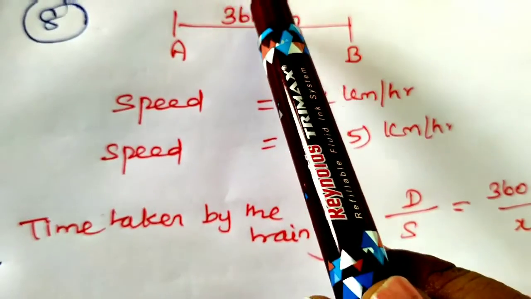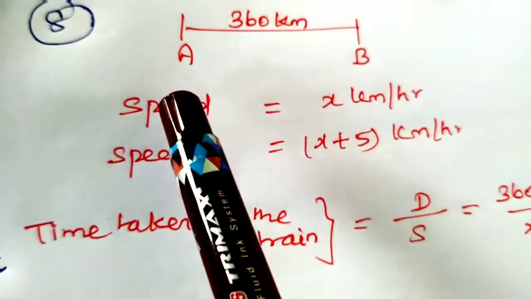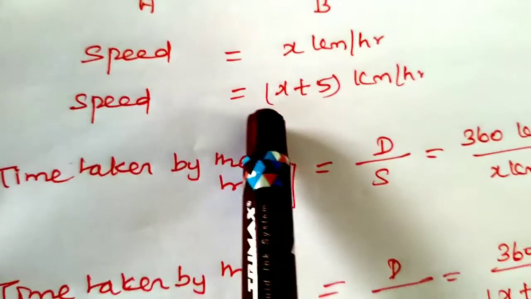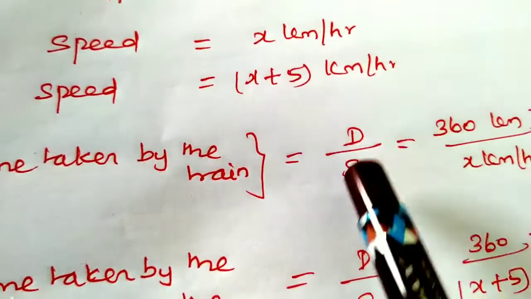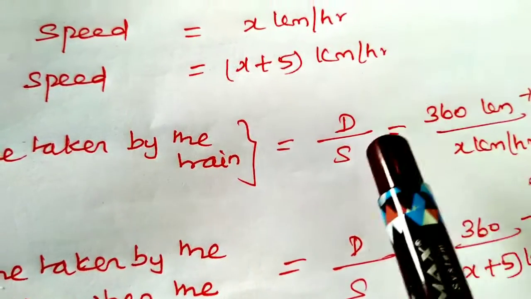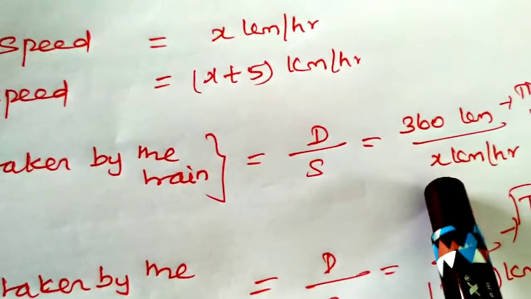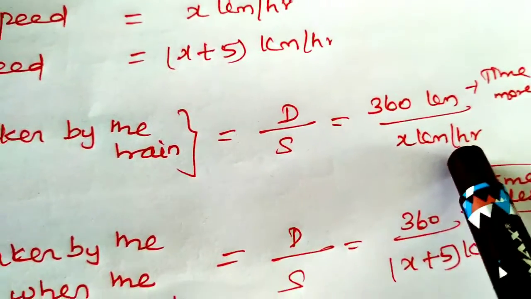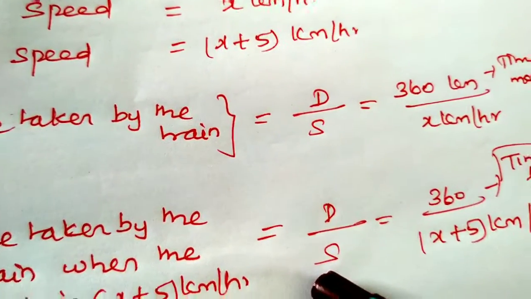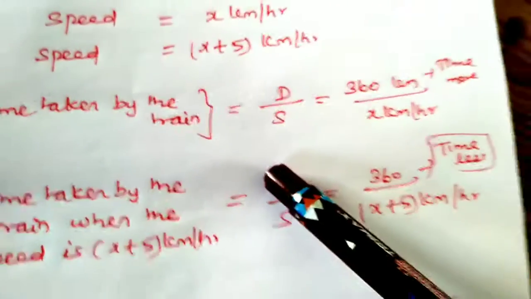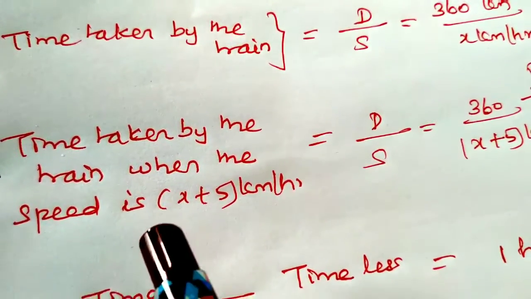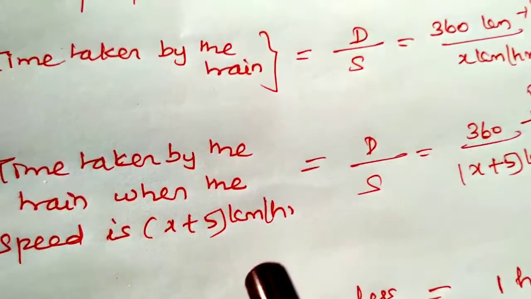Now I will compare this distance and speed. Time taken by the train. What's the formula for time taken? Distance by speed. The total distance covered by the train is 360 kilometer, and the speed of the train was x kilometer per hour. Secondly, when the speed increases and the train covers the same distance, frame another fraction: time taken by the train when the speed is x plus 5 kilometer per hour.